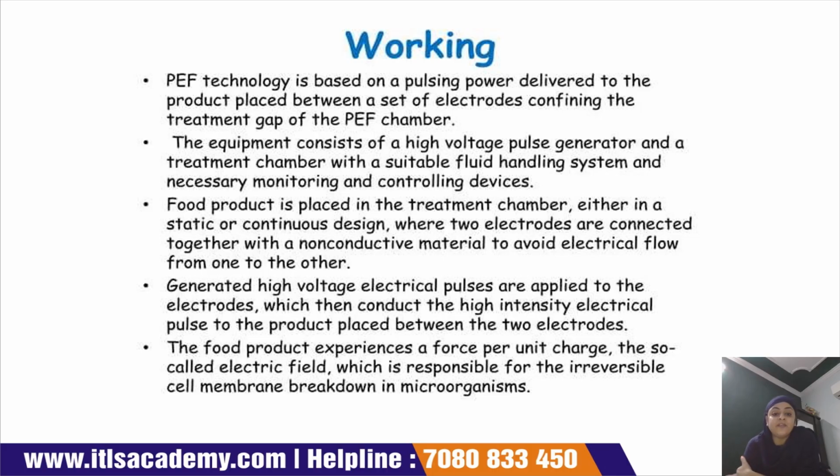Now, working. This pulse electric field technology totally depends upon the pulsing power which is delivered to the product when the product is placed between the electrodes and confined by the treatment gap of the pulse electric field chamber. This equipment consists of a high voltage pulse generator and a treatment chamber.